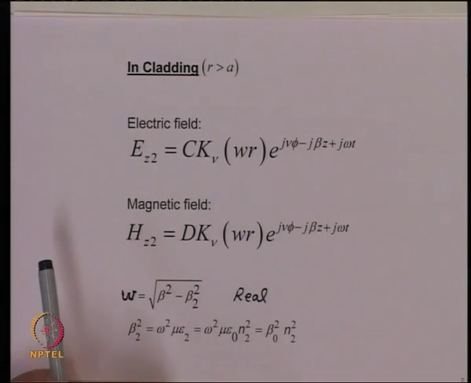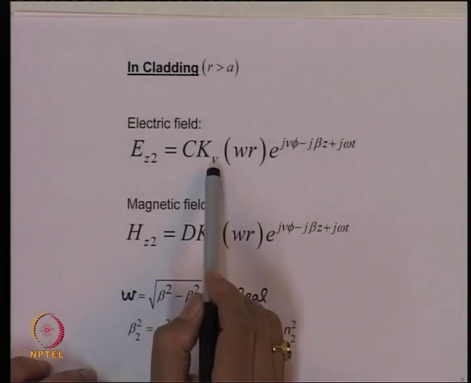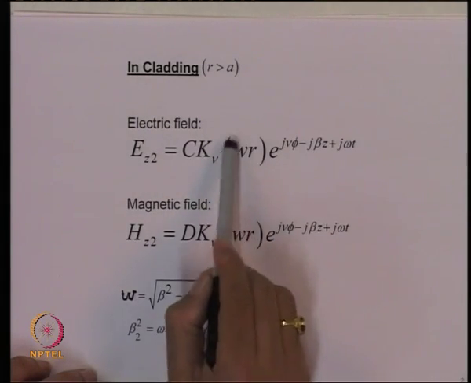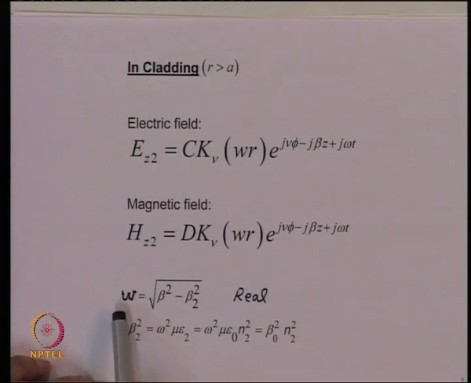Inside the cladding, we had the field variation given by the modified Bessel function. So, we had this arbitrary constant C, and then K, the modified Bessel function of order nu, with the argument w r, where w is given by the square root of beta square minus beta 2 square, and beta 2 is the phase constant intrinsic to the medium of refractive index N2.